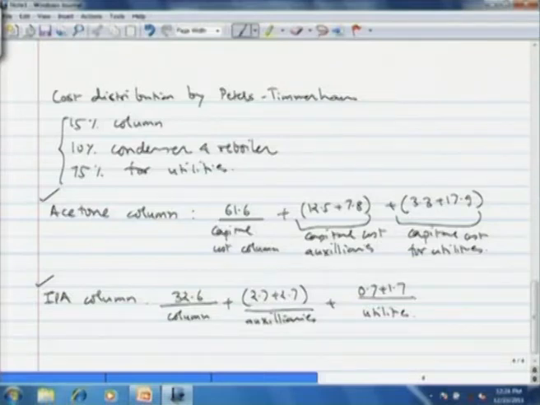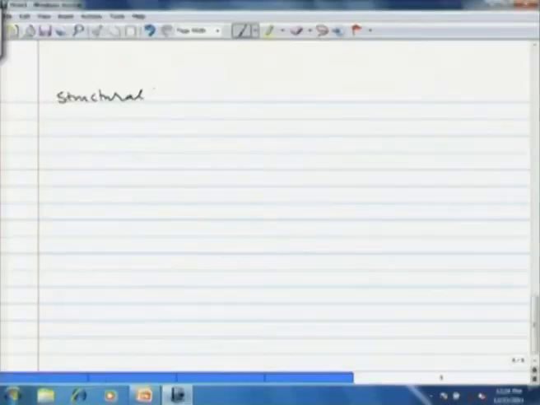That means these columns are far from their optimum operation, and this helps us in identifying the areas of optimization. That means both columns need further optimization, further design to reduce the total cost of operation. Okay, so this is one thing. The cost diagram will also help us in determining the structural modification of the process.